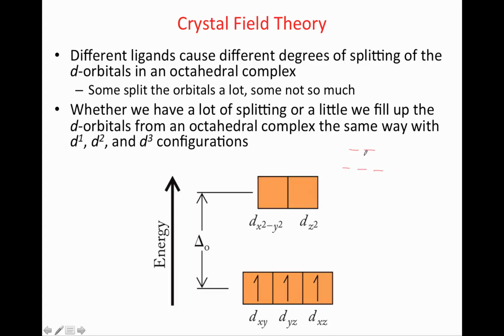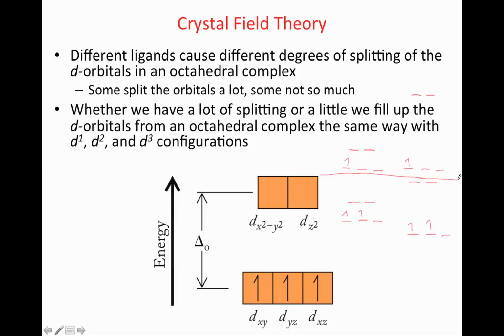They're higher in energy. But if I just have one electron, whether I have a small amount of splitting or whether I have a huge splitting, so we imagine that this is now the energy gap, my electron is just going to go into the lowest energy orbital. It's going to look like this. And similarly, if I have a situation where I have 2 d electrons, when I put them into these d orbitals, they're just going to do this.